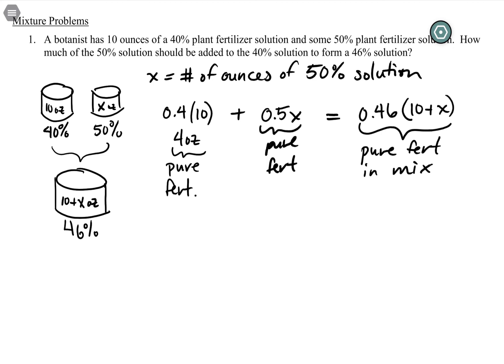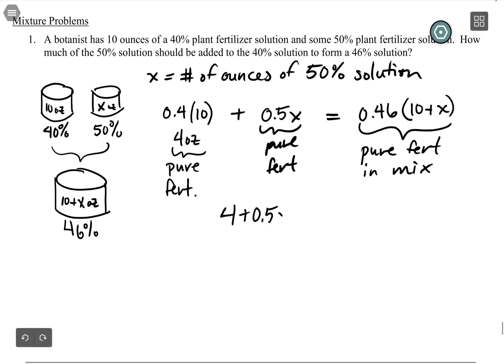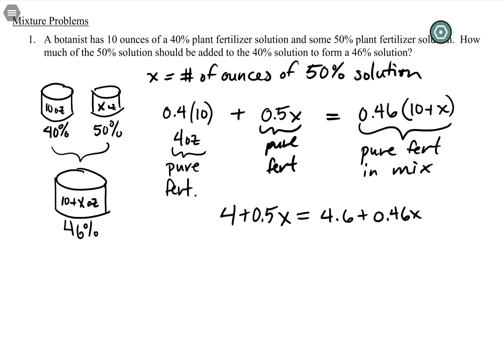So our equation ends up being 4 plus 0.5x, and on the right hand side I'm going to go ahead and distribute. So I'm going to get 4.6 plus 0.46x. So we at least get a nice linear equation.